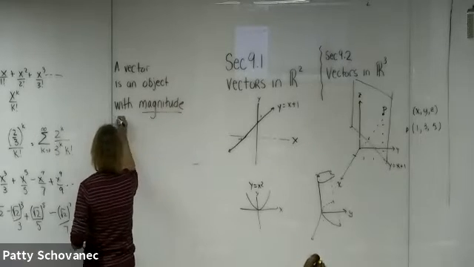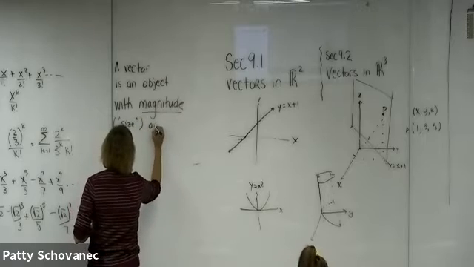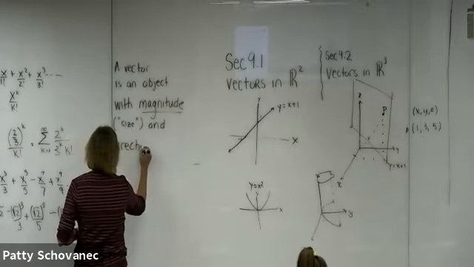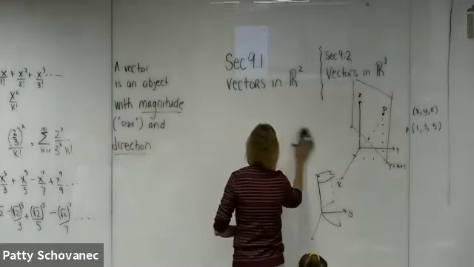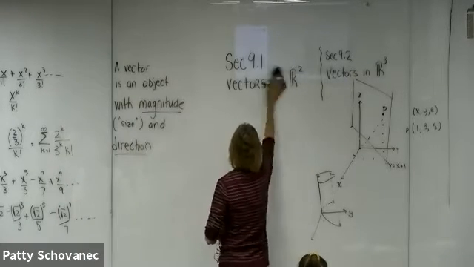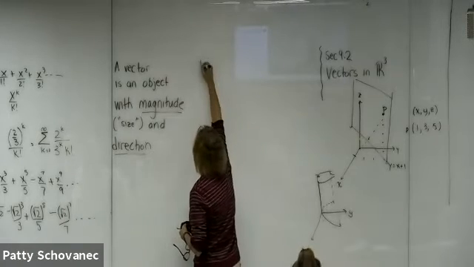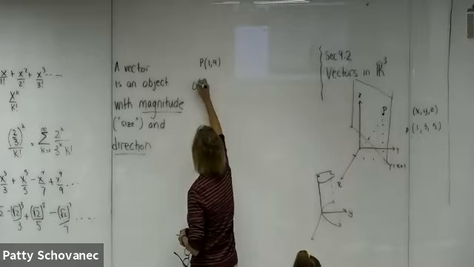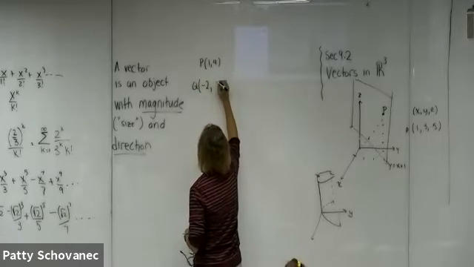Magnitude stands for size. So in 2 dimensions, in the XY plane, plot the points P (1, 4) and Q (-2, 1).